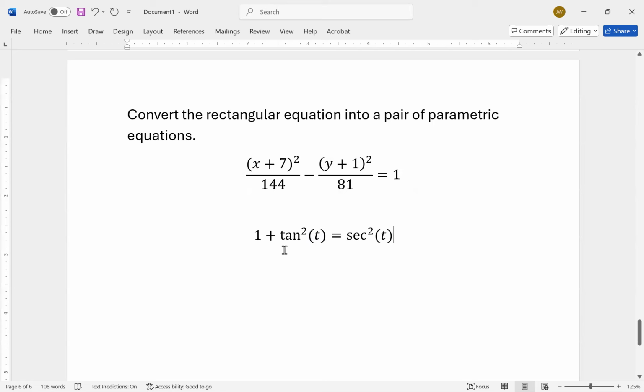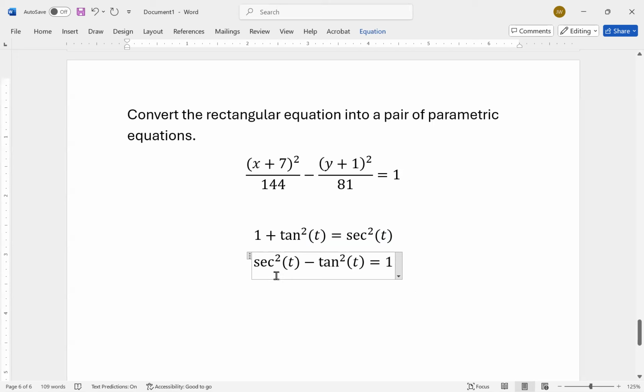I'm going to realize that if I subtract tangent squared from this equation on both sides, I end up with 1 is equal to secant squared of t minus tangent squared of t. Obviously, you can put 1 on either side, so I'll write it this way.